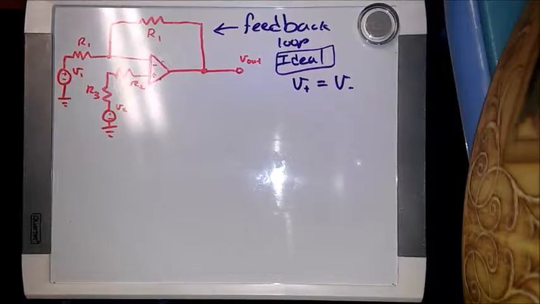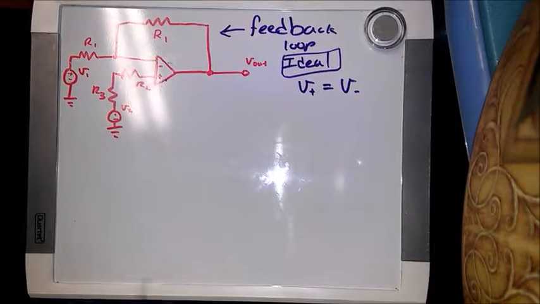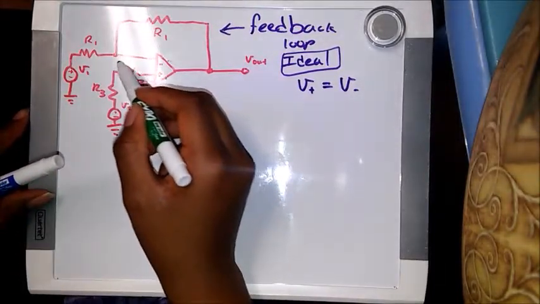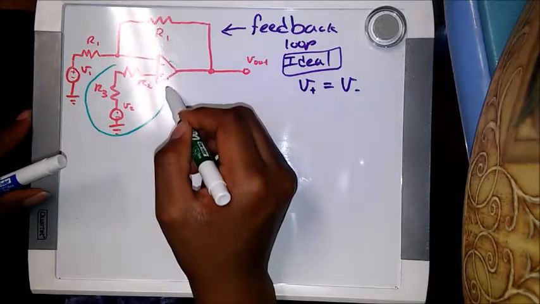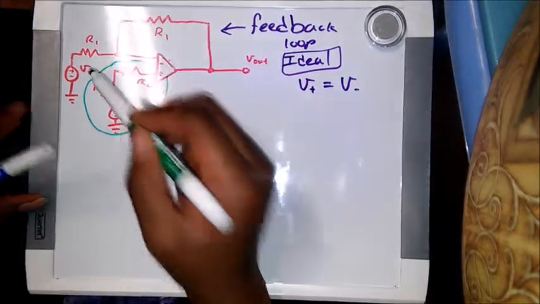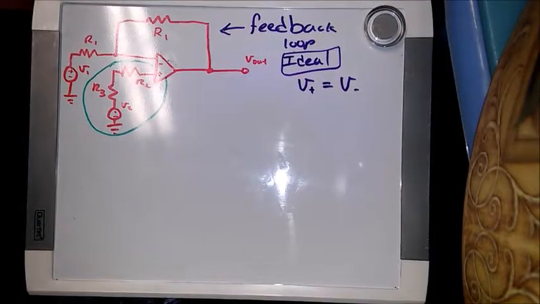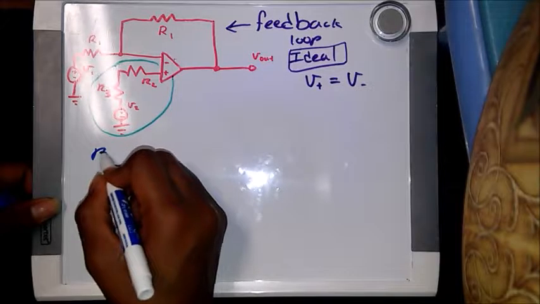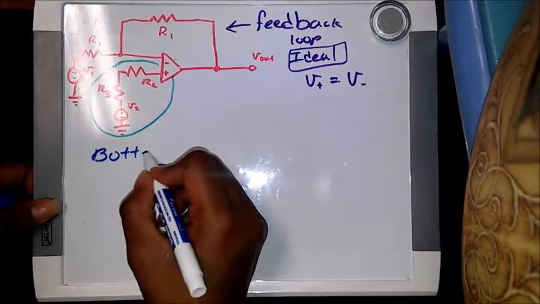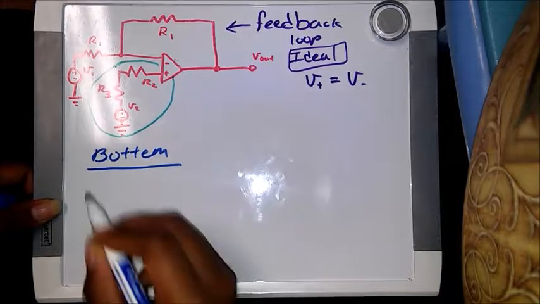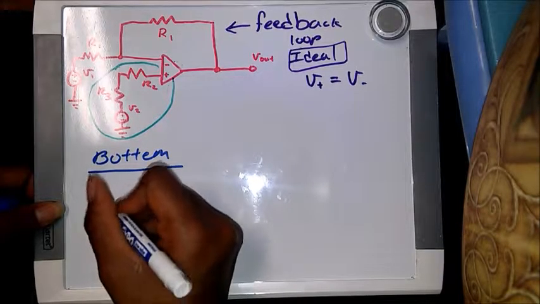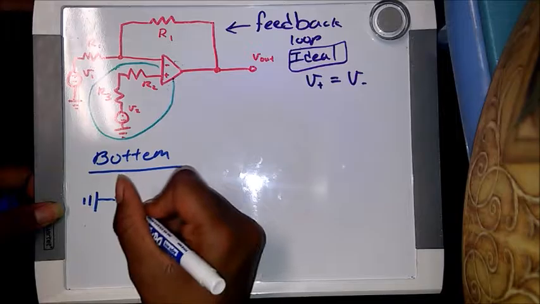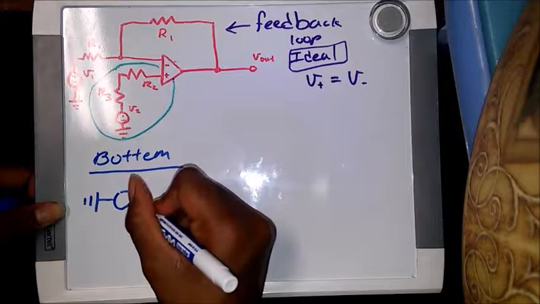So first, we're going to solve it in two parts. The first part is going to be this bottom loop right here. I'm just going to draw the branch by itself.